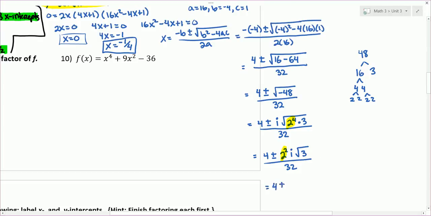That's 4 plus or minus 4i root 3 over 32. And now divide everything on top and bottom by 4, and you end up with 1 plus or minus i root 3 over 8.